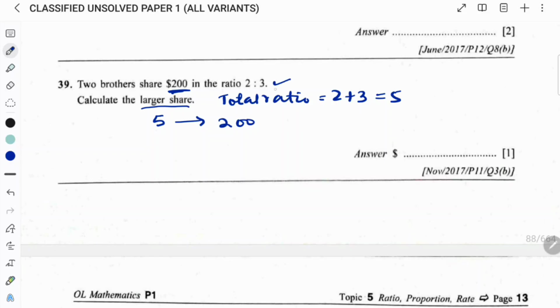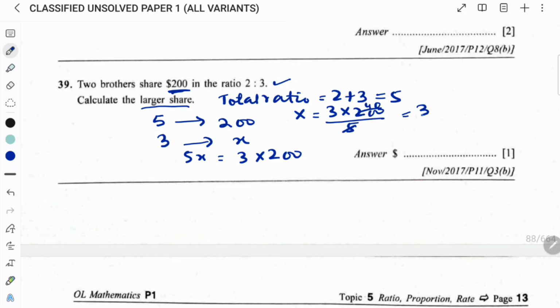The larger one is 3, so 3 ratio will represent how many? Cross multiply: 5x is equal to 3 times 200, x is equal to 3 times 200 divided by 5. 5 times 40 is 200, 3 times 40 is 120.